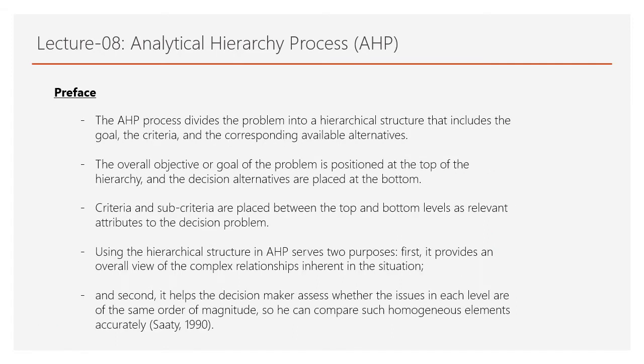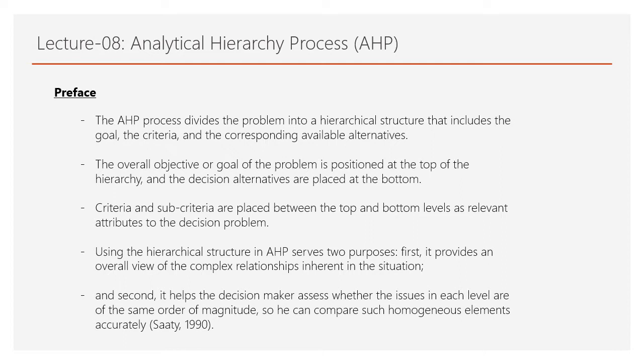The AHP process in structure divides the problem into a hierarchical structure that includes the goal, the criteria, and the corresponding available alternatives. So the overall objective or the goal of the problem is positioned at the top of the hierarchy as our aim, and the decision alternatives are placed at the bottom.